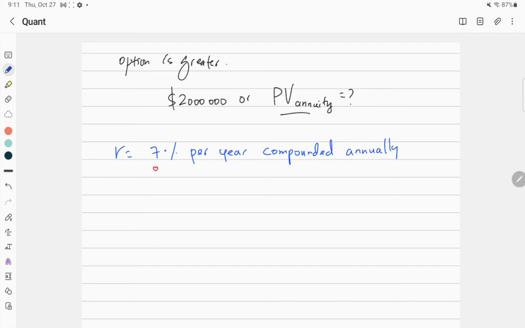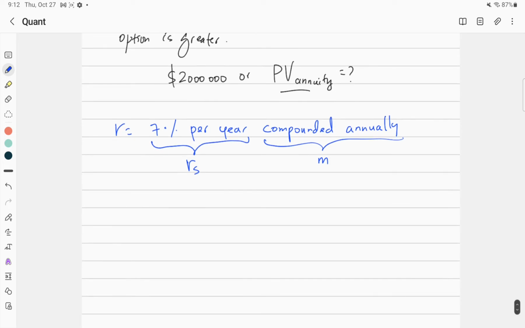This part is the stated interest rate, and this part is the number of times our money is compounded per year. Basically, since this is compounded annually, we can use this 7 directly in our formula.